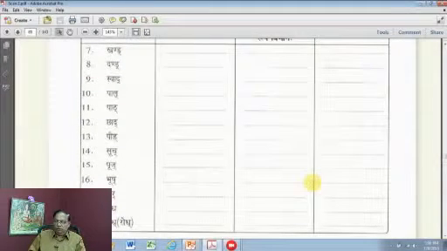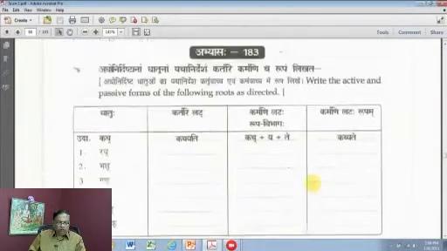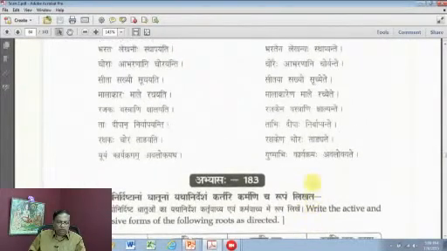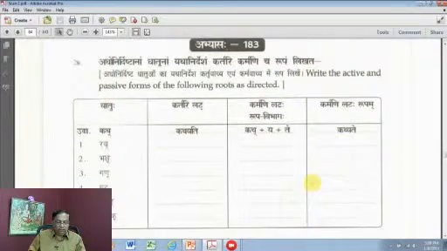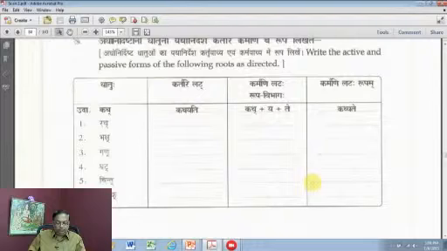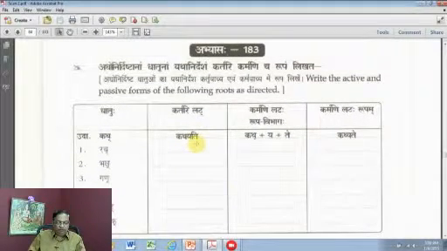So this is how the construction goes on in Karmani Prayoga. Immediately we are going into some exercise here. Adho nirdishtanam dhatunam yatha nirdisham kartari karmanicha rupam. You are supposed to write active and passive voice here, as shown in the example, katha, katayati. Simple present tense form, then active voice, passive voice, and finally the joining and the final form.